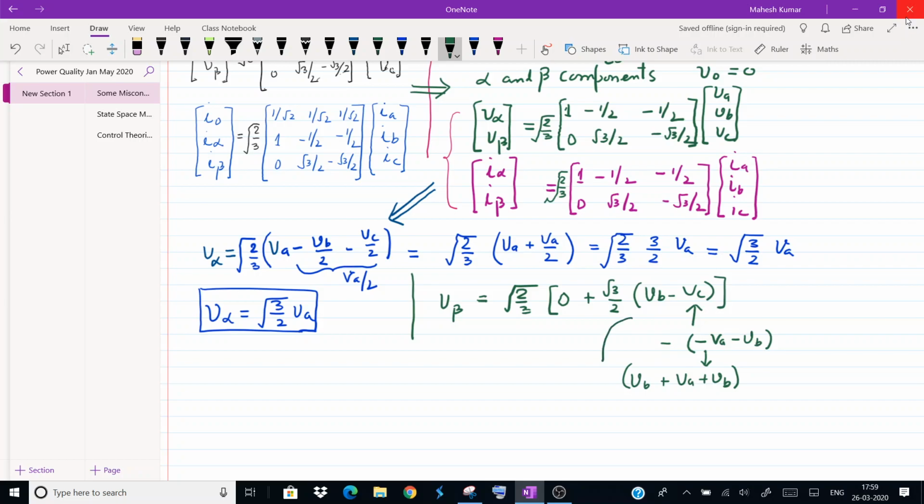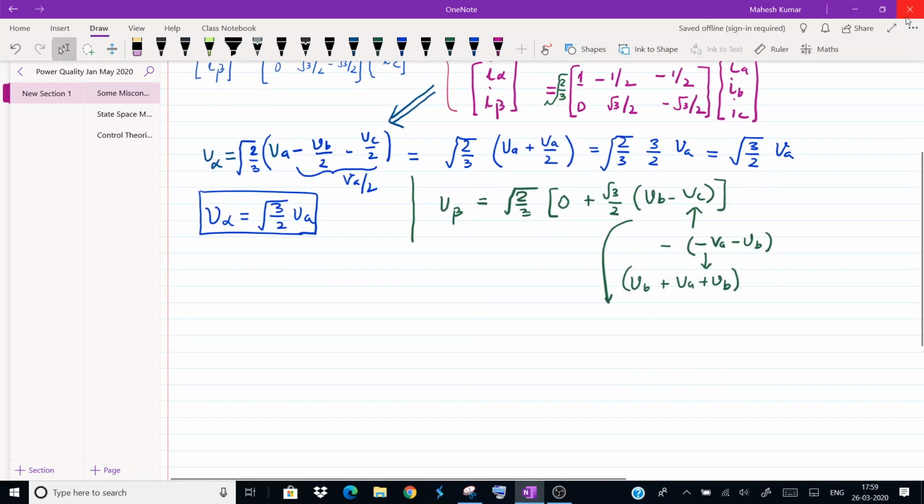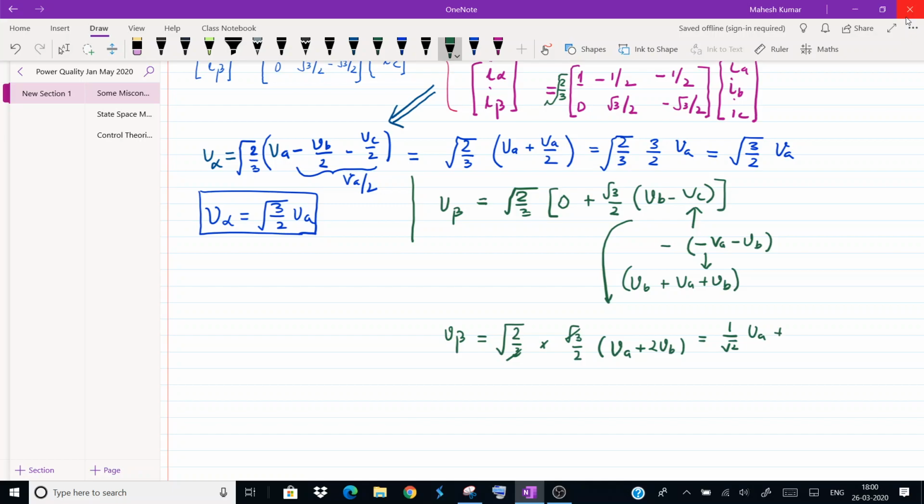So this whole gets transformed to VA plus 2VB, into a factor of root 3 by 2, and here we have the square root of 2 by 3. So this will go away with this, and finally we have 1 by root 2. This is V beta, which becomes 1 by root 2 into VA and root 2 into VB.